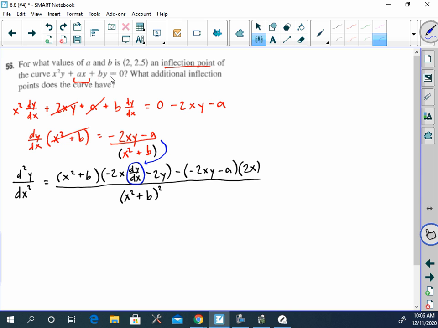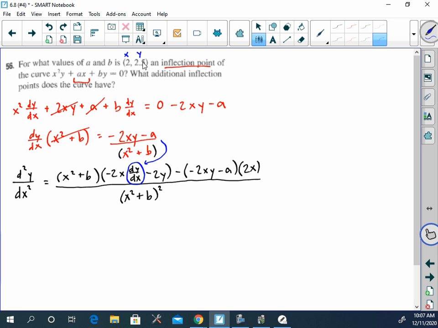And then it's where it changes signs. So hopefully this numerator cleans up a little bit. But what we're trying to do is set this numerator to 0 to find that inflection point. And we know the inflection point is 2 and 2.5.